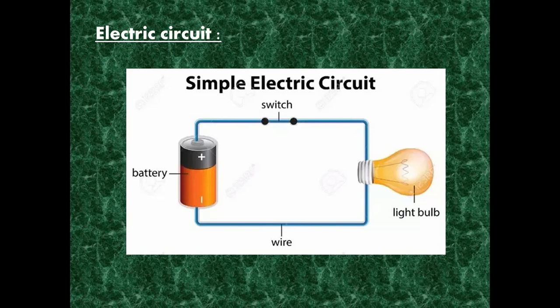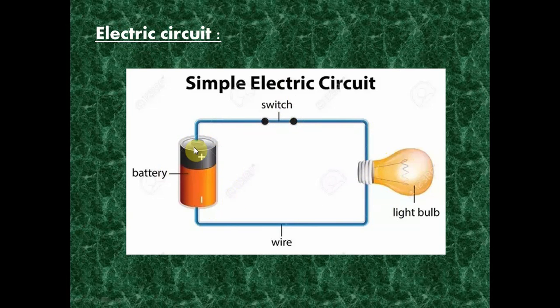Then we have these wires. We have a lot of electric wires inside the electric circuit. What is the job of these wires? The wires connect all the parts of the electric circuit together, and then they transfer the electricity from one part to another part.